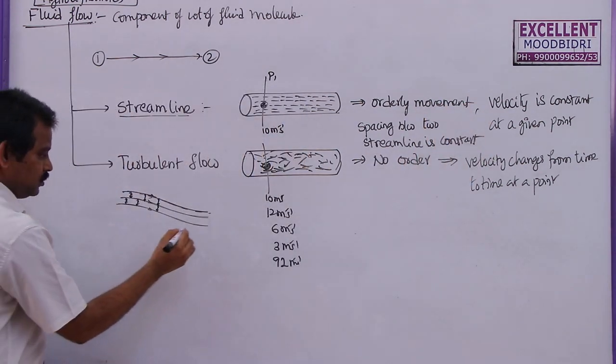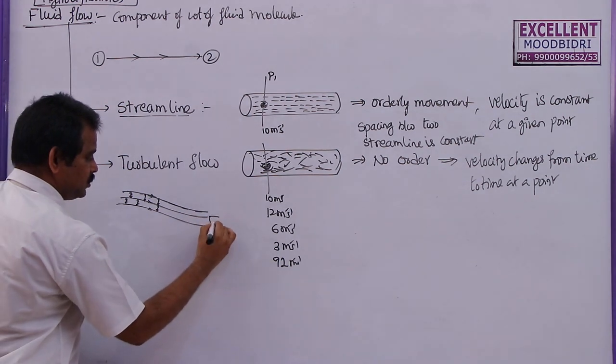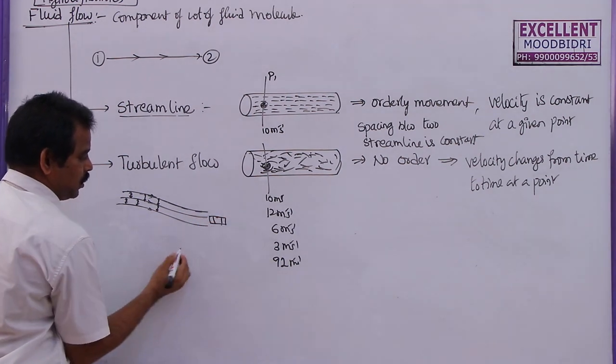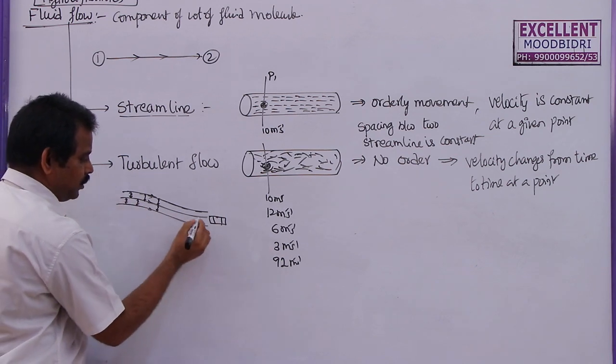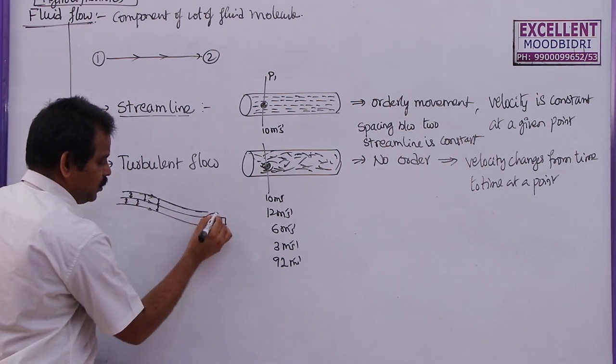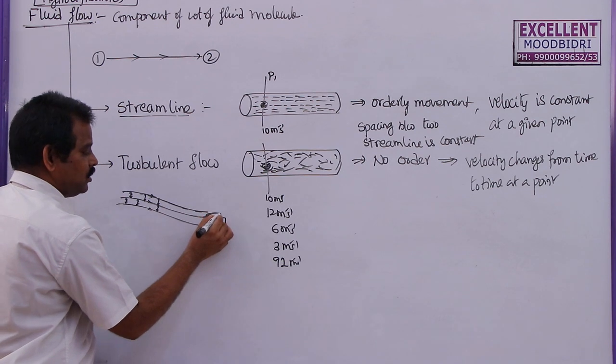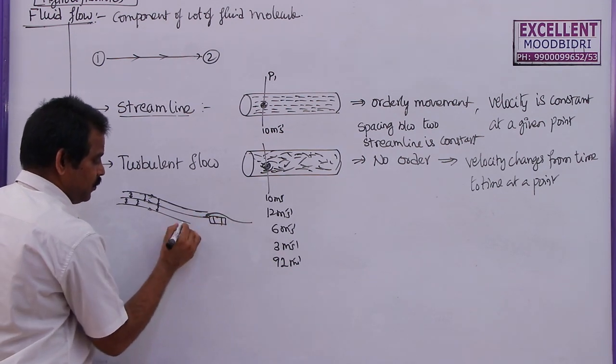Now suppose there is a car here, let us say this is a car which is floating in water, then what about these streamlines? So what happens to the streamline? This streamline will touch this one, will go back and it will change its direction, it will go like this.